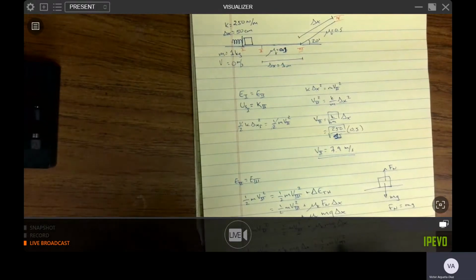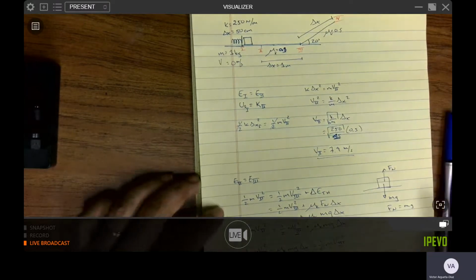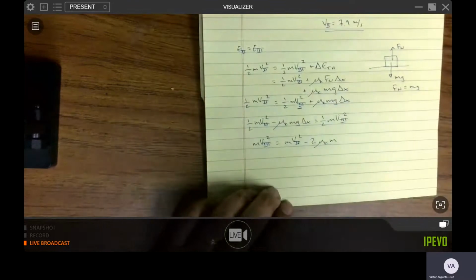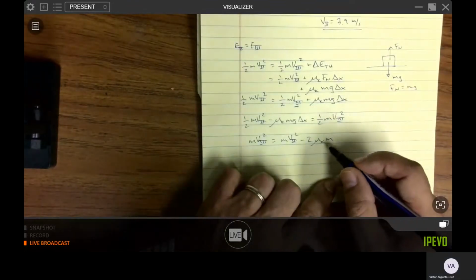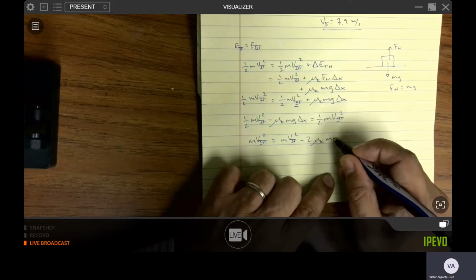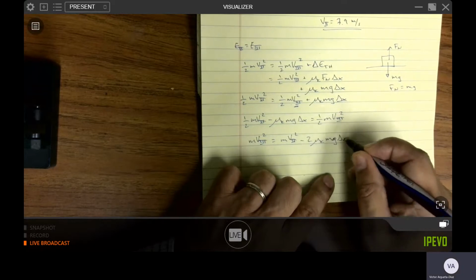I'm going to multiply everything by 2 and flip this. So m v3 squared equals m v2 squared minus 2 mu k m g delta x.